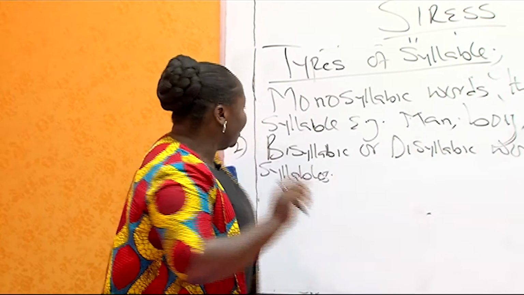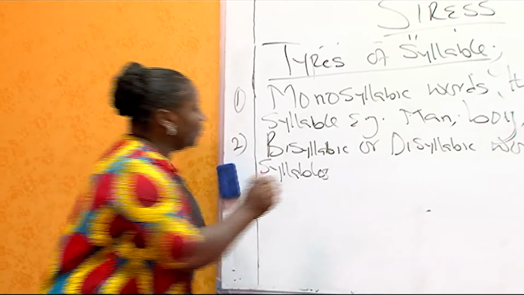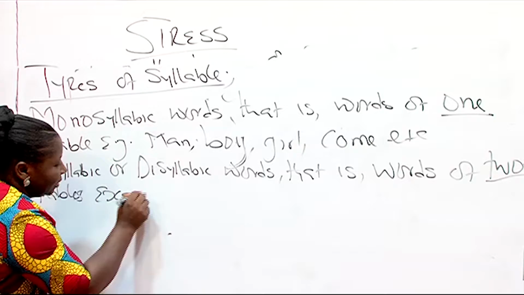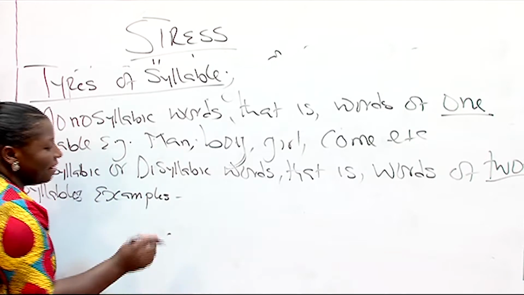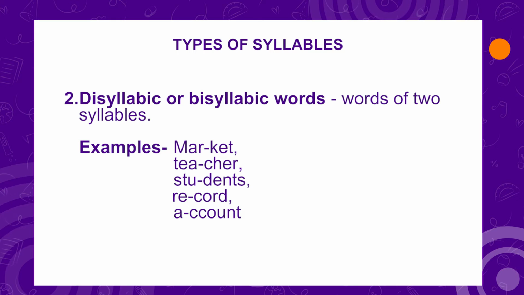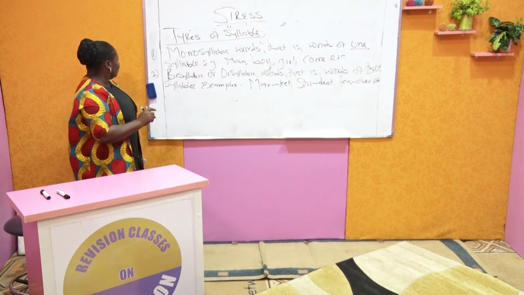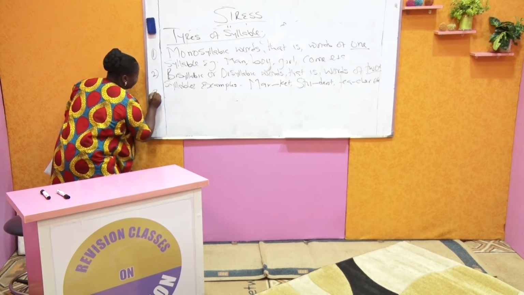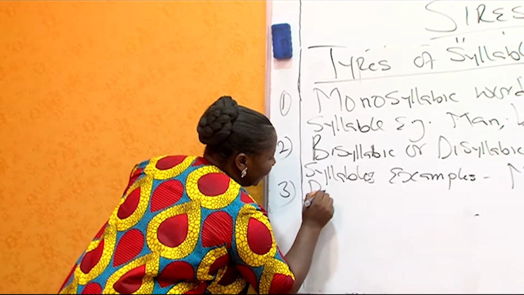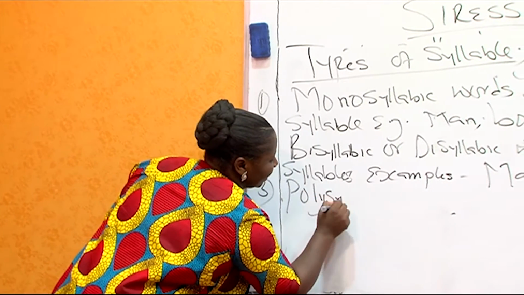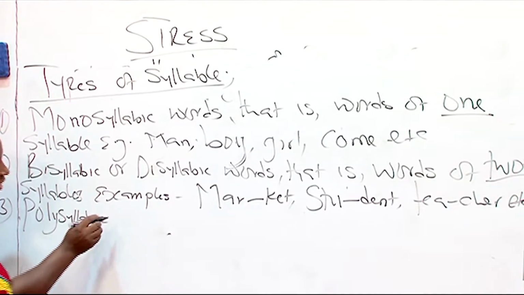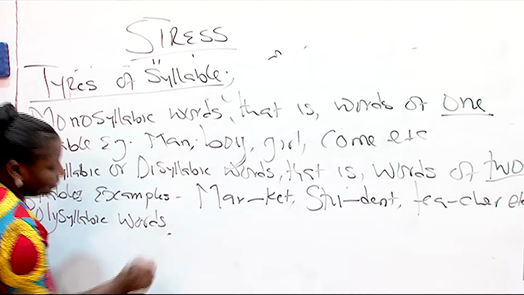Examples: we have the word market, student, teacher, etc. And then lastly, we have what is known as polysyllabic words.